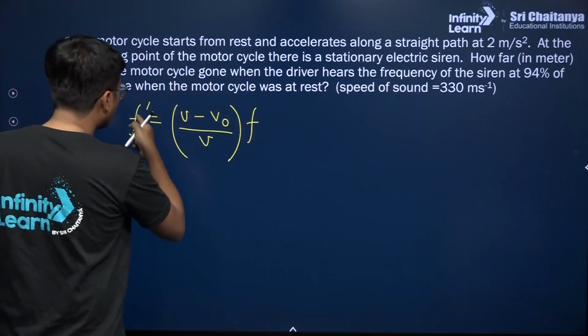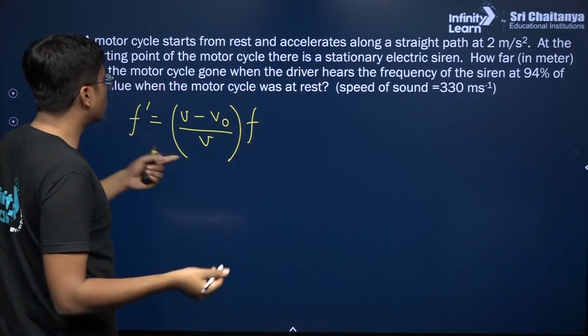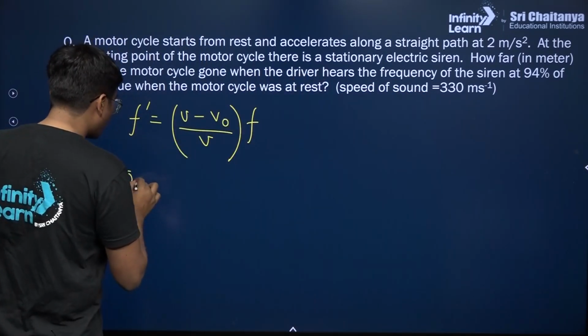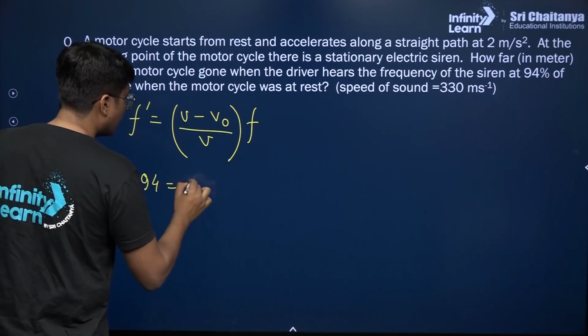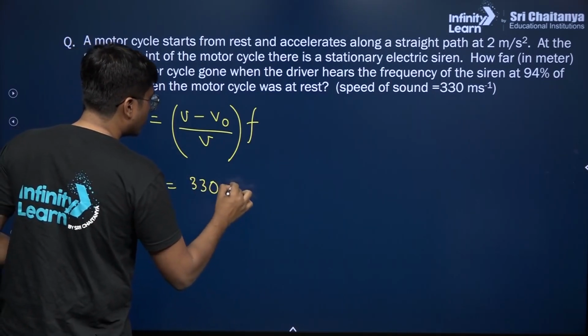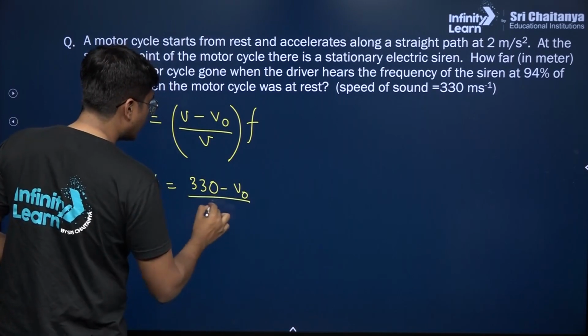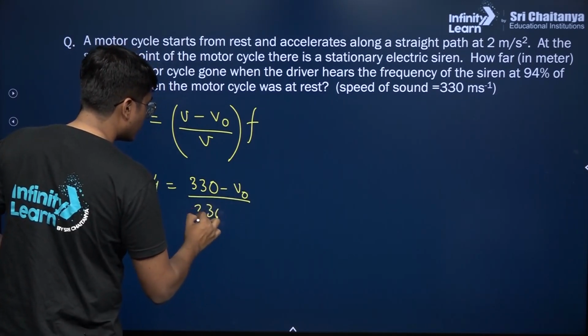So from here on, we know f dash is 94%. So f dash by f would just give you 0.94 is equal to (330 minus V naught) divided by 330.